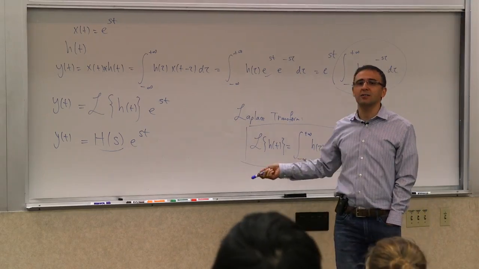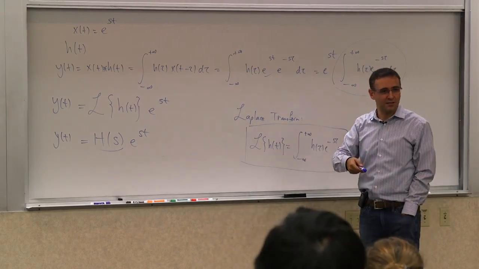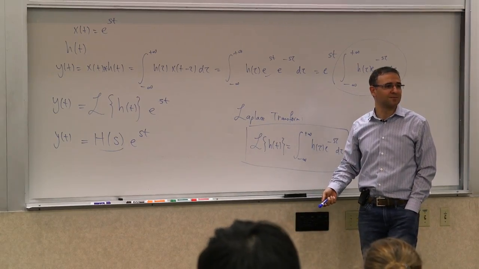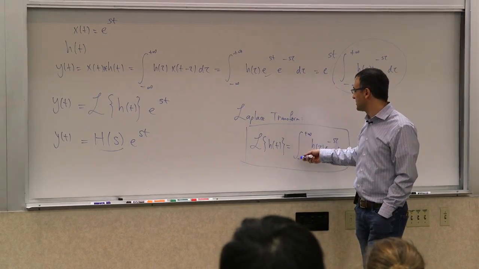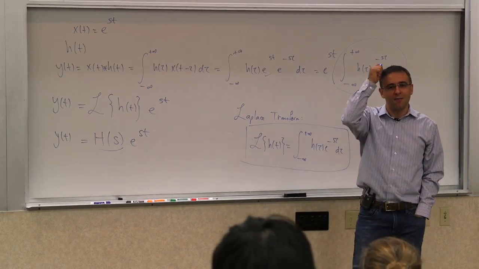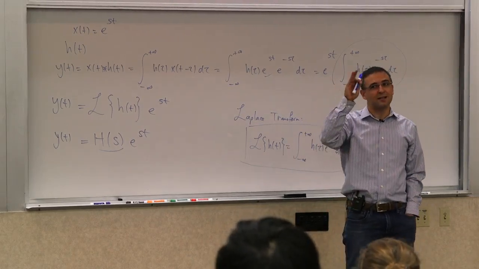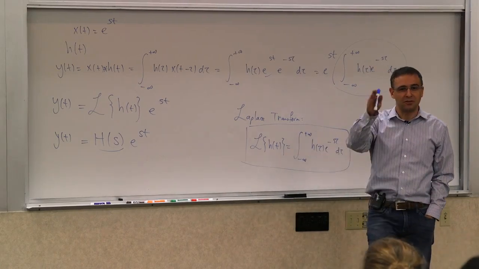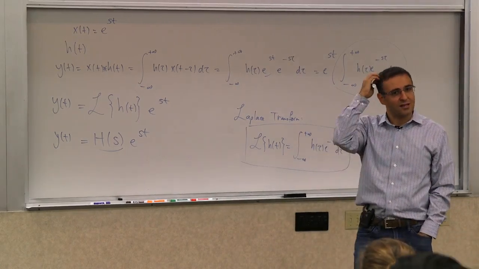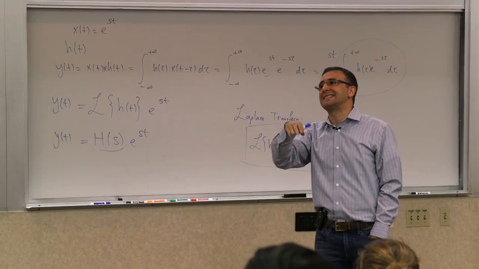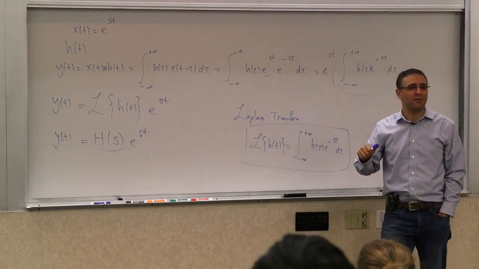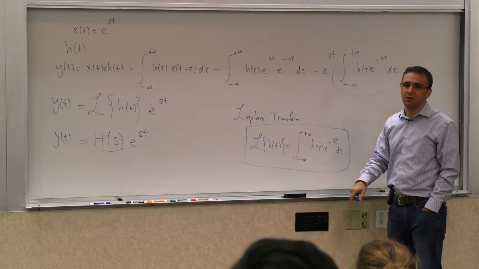If you apply it to one-sided h of t's, you will get the one-sided Laplace transform, which is integrated from 0 or 0 plus. That's why, when we were defining u of t, I said the value at 0 matters only in the Laplace transform because it defines a limit. Is it 0 plus or 0 minus? The way we defined it makes it consistent with the 0 plus definition.